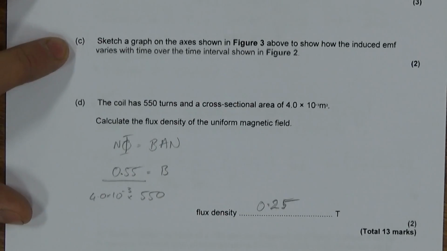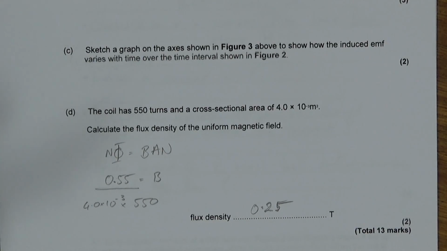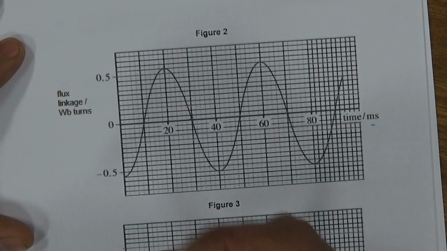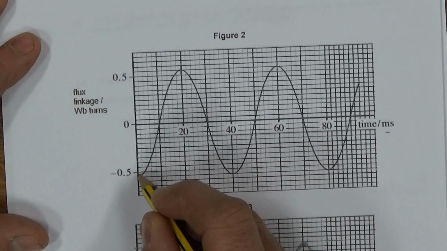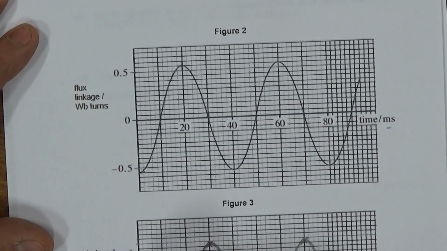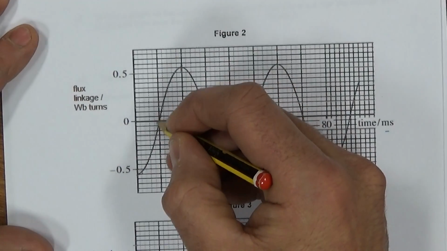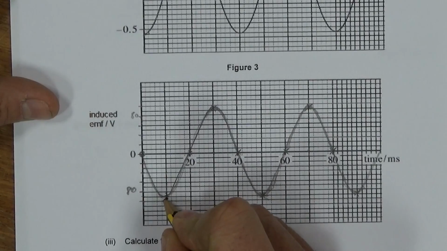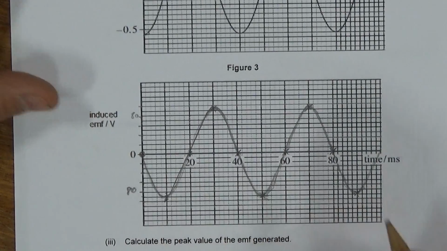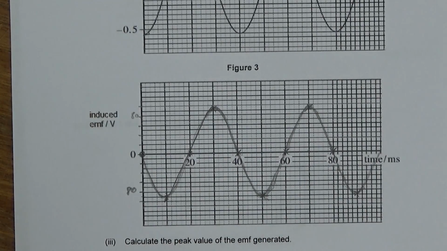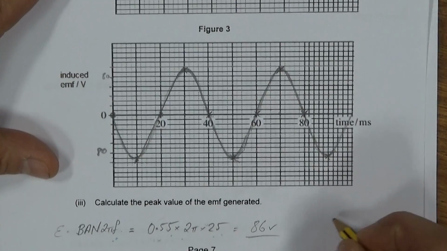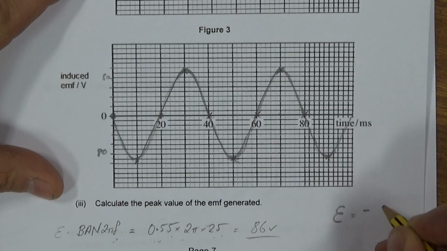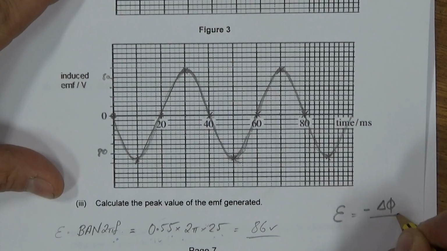Then it says, for question C, sketch the graph above to show how the EMF is induced over time. Now remember, here the gradient is 0, so here the EMF is 0. Here the gradient is a maximum, but it's a positive gradient, so this must be a minimum down here. Remember Faraday's law basically says E equals minus d phi over dt.